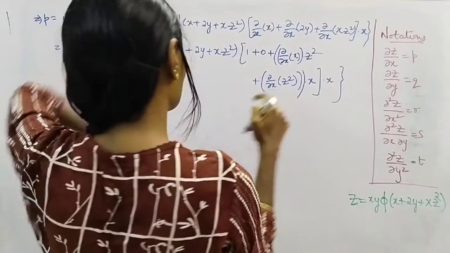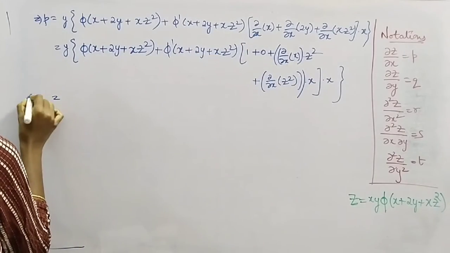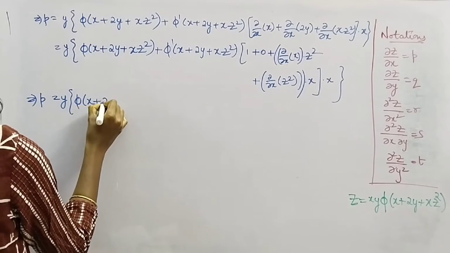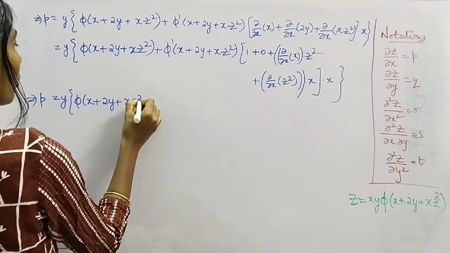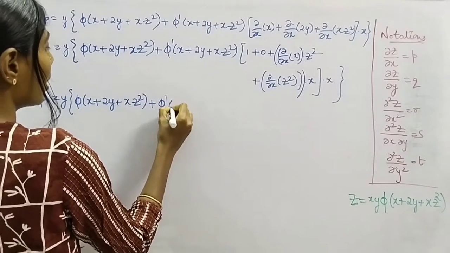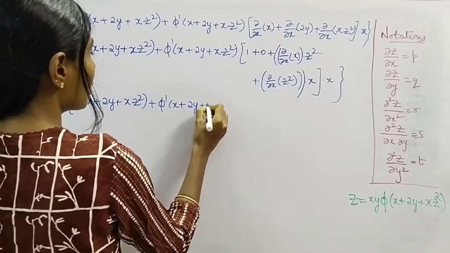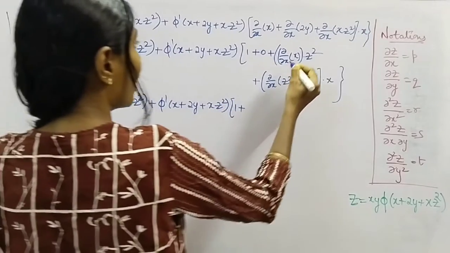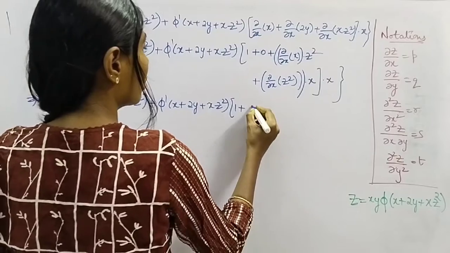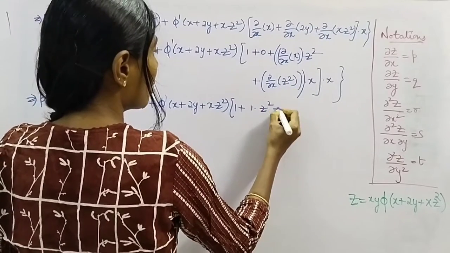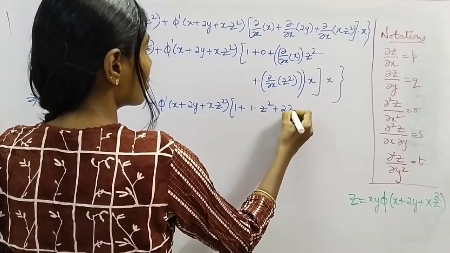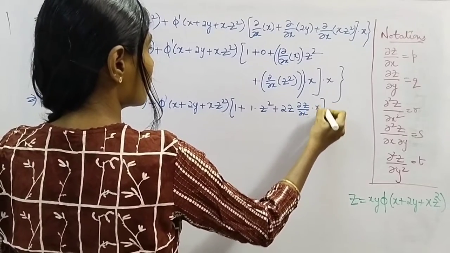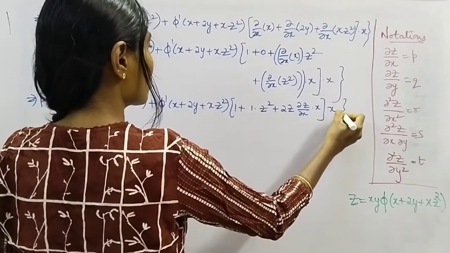Okay, this gives us p equal to y times phi of x plus 2y plus xz square plus phi dash of x plus 2y plus xz square into 1 plus the partial derivative of x with respect to x, which is 1, into z square plus the partial derivative of z square with respect to x, which is 2z into dou z by dou x, into this x, into this x, right?